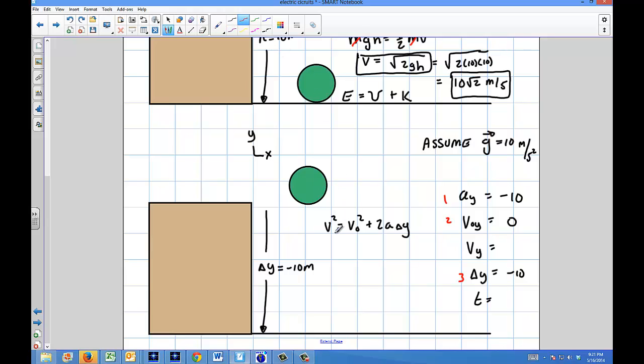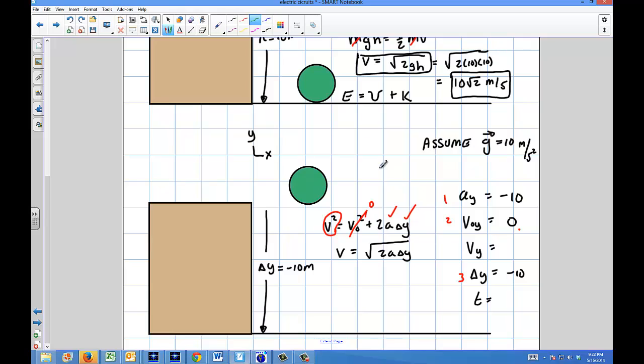That's what I'm looking for, right? And we know v initial is 0. We know acceleration is negative 10. We know displacement is negative 10. So let me solve symbolically for this. V is going to be the square root of 2a delta y.